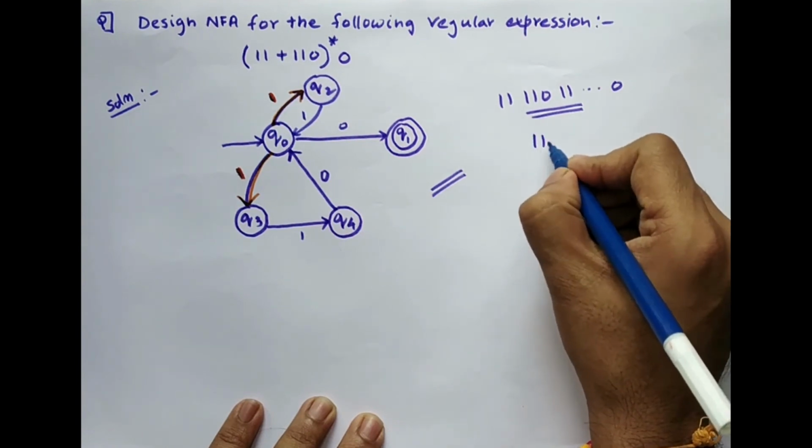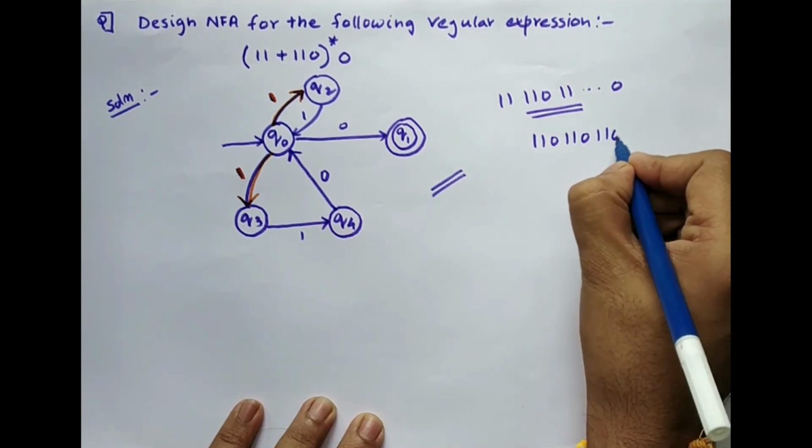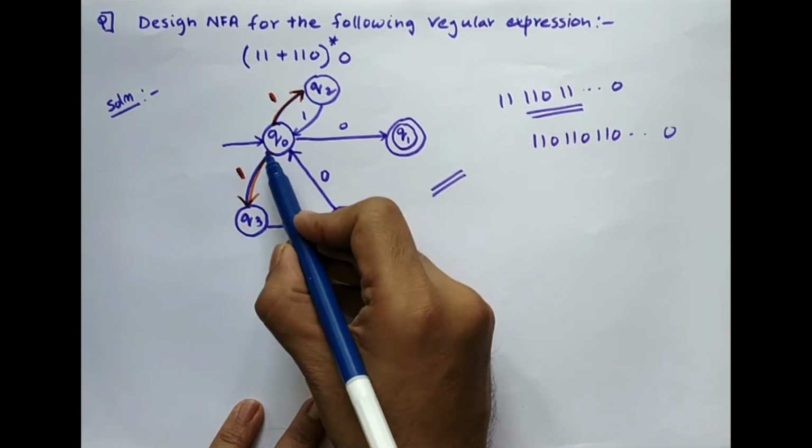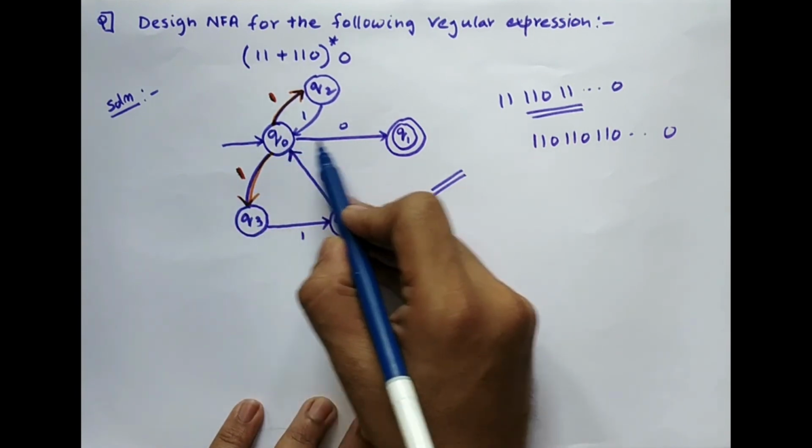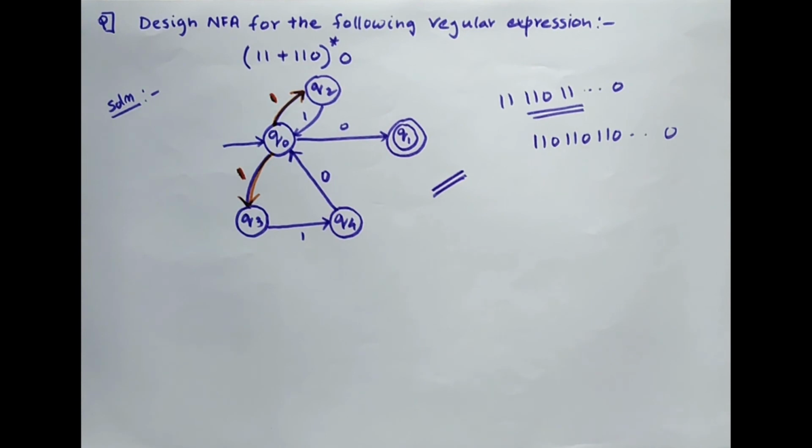Similarly, a string like 1 1 0, 1 1 0, 1 1 0, ending with 0 will also be accepted. So there are some areas wherein drawing a DFA can become a very complicated matter, or the DFA for a particular problem can be very complicated. Rather, the NFA for the same problem could be simpler. So this is one such example.